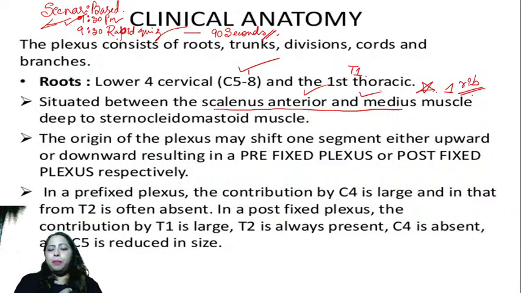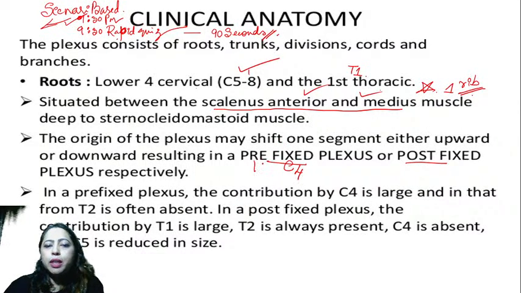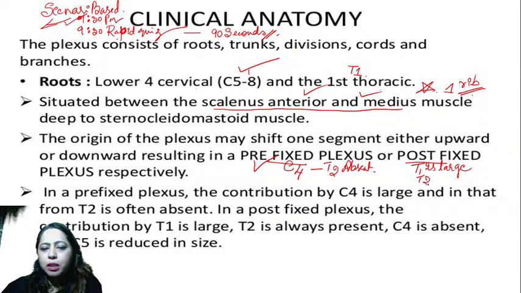So the brachial plexus lies between scalenus anterior and medius, and then you have prefixed and postfixed roots. Prefixed is when the contribution from C4 is large, and in that case T2 is absent. Postfixed is when the contribution from T2 is present, the contribution from T1 is large, and C4 is absent.